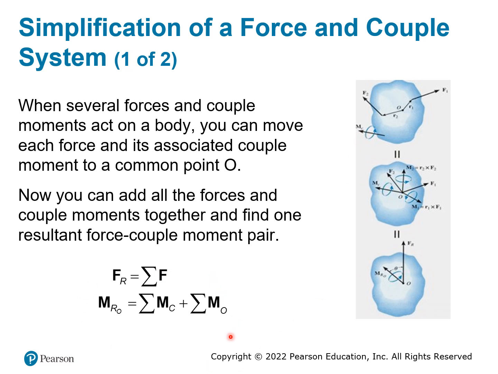This is going to be the net moment that is created. Over here, summation M of C represents the couple moment due to a pair of forces, and summation moment of O represents the moment at the reference point, or the common point that you are referring to.